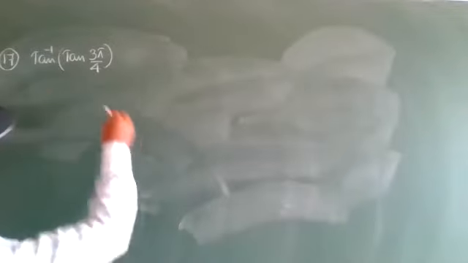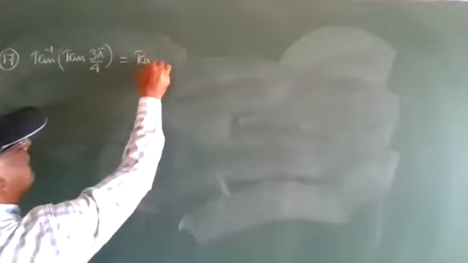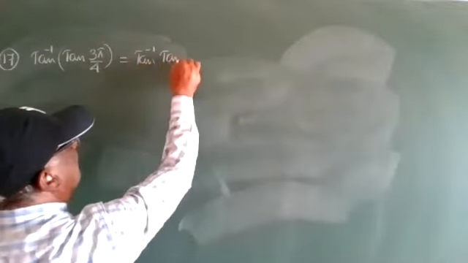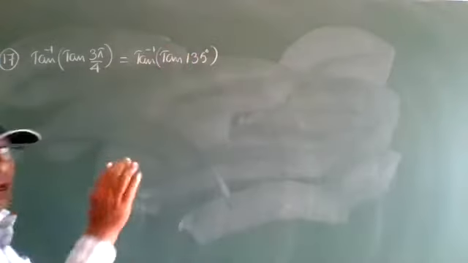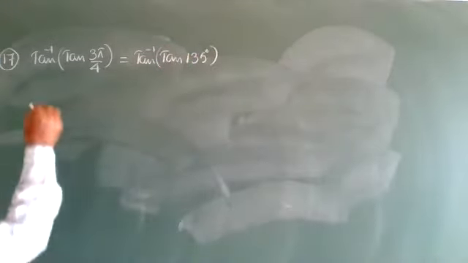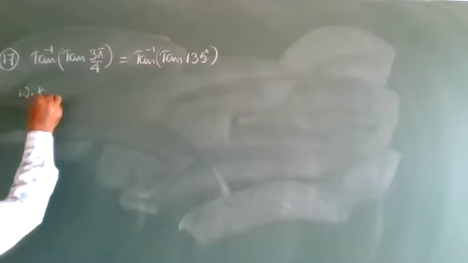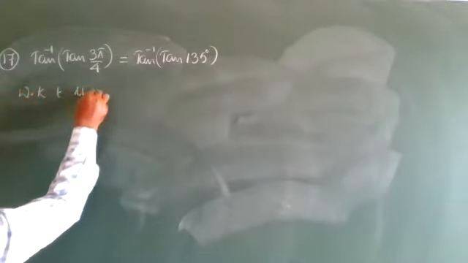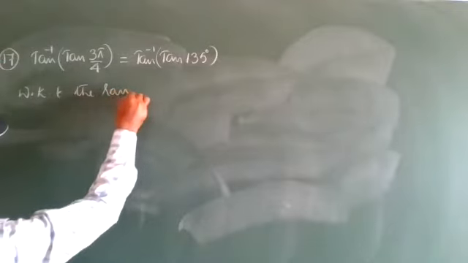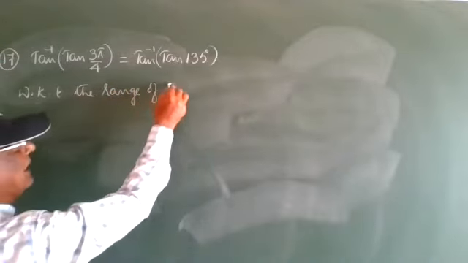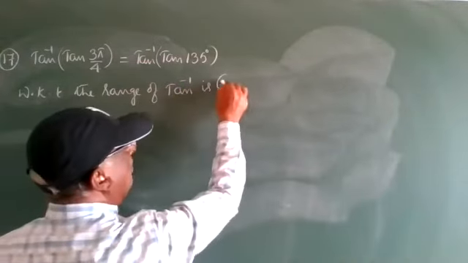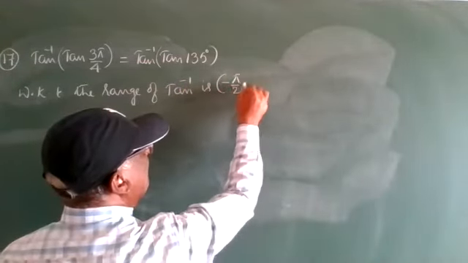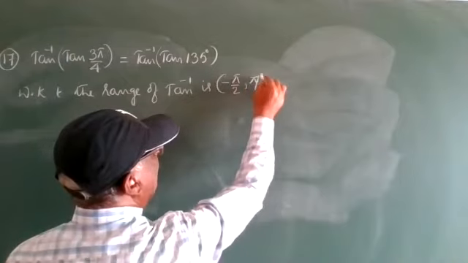All right. First one, we know this is tan inverse of tan of 135 degrees. 135 degrees is a repeated value, so the inverse is not defined. We know that the range of tan inverse is open bracket minus 90 to plus 90.